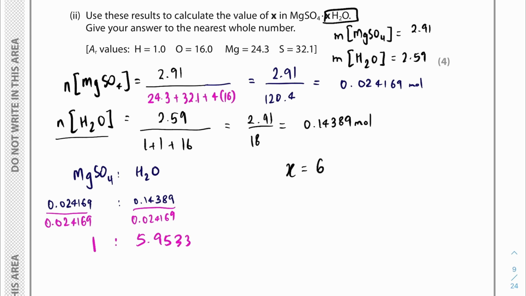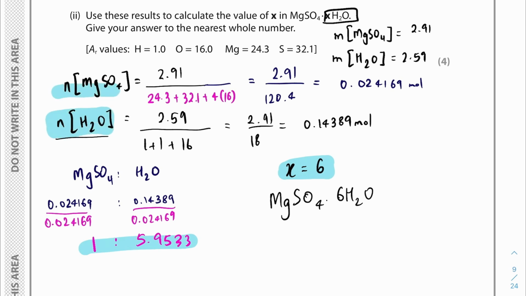So it should be MgSO4.6H2O that we calculated. So where do we get the 4 marks? We get the 4 marks from getting to this state. So 1 mark for reaching here, 1 mark for the answer, and 1 mark for getting the moles of water and moles of MgSO4. So this is 1 mark, 2 marks, 3 marks, and obviously the answer as well.